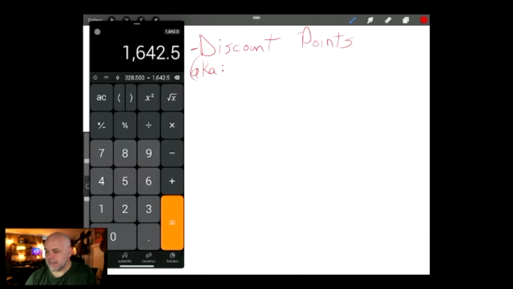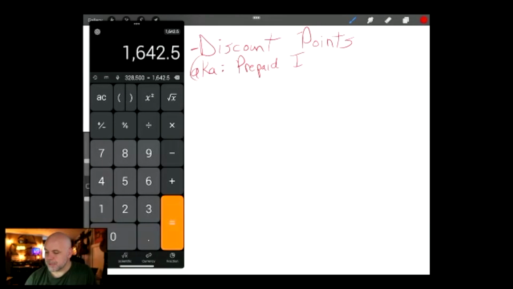Prepaid interest, because you're paying all that interest in one big chunk up front in exchange for them letting you pay your monthly payment at a lower rate. Also known as lender yield. Don't forget this one.